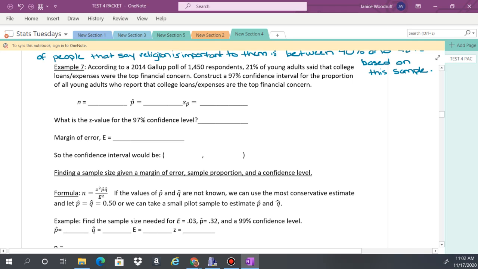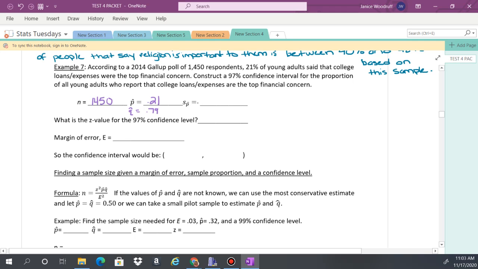All right, so our sample size, 1,450. P hat, that's our percent, so that is 21, so 0.21, which means our Q hat is 1 minus 0.21, which is 0.79.